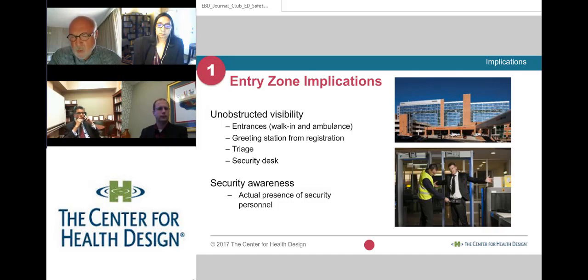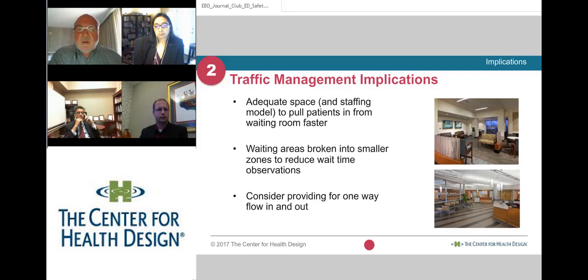As we create designs and fit things into spaces, we really need to go back to walking through that space and visualizing what you're going to see along the way as you enter that emergency department.